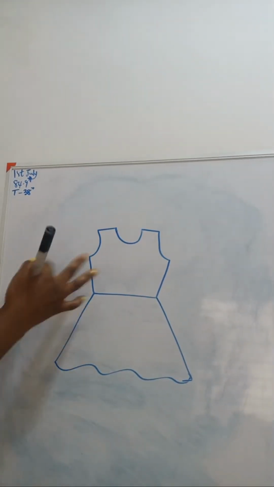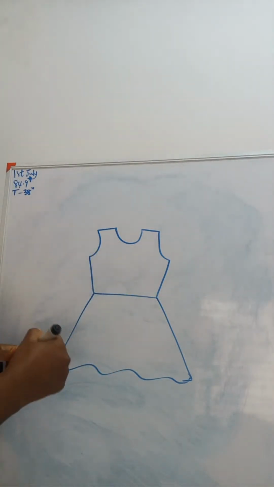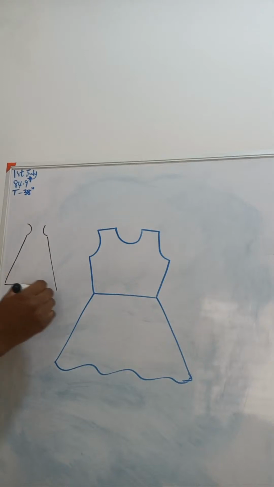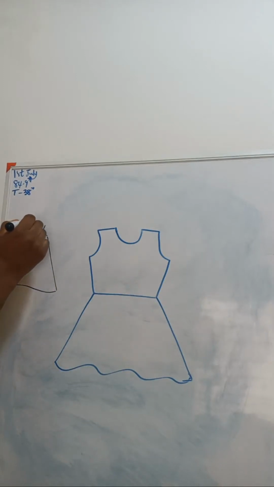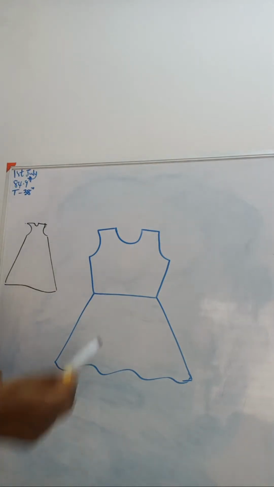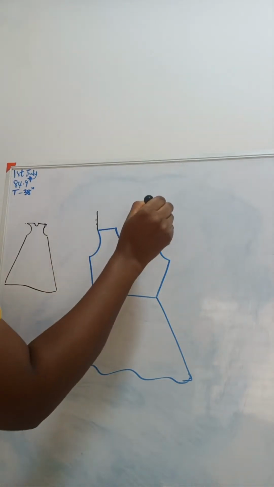So this is just a sample of children's clothes. It can come in this form, and it can also come in the form of an A-line like this. Whichever form it comes in, the same shoulder, neck, armhole depth, and so on still apply. When we say full shoulder, we mean the distance between one shoulder and another shoulder.